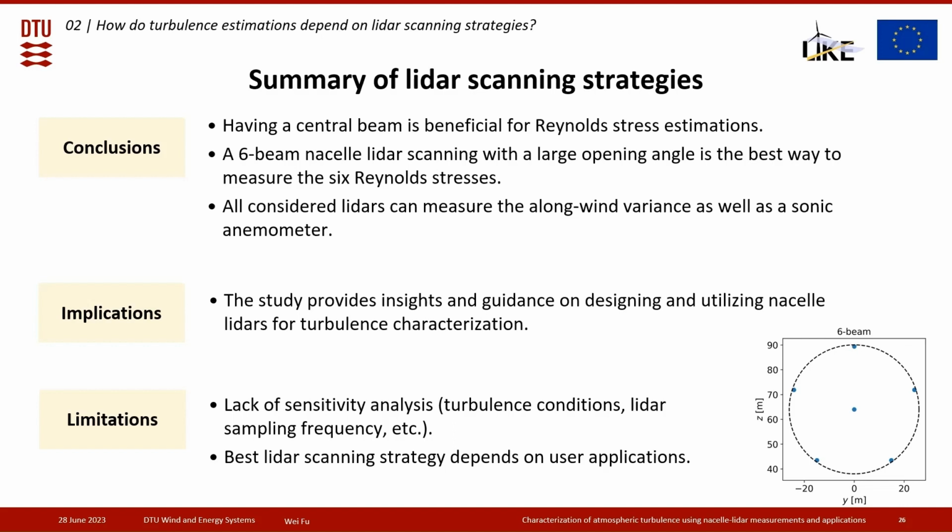Of course, this work has its own limitations because we didn't do a lot of sensitivity analysis on the turbulence conditions or the time intervals. Also, the best LiDAR scanning strategy depends on the user applications, which means how much you value the other Reynolds stresses components except the U variance.